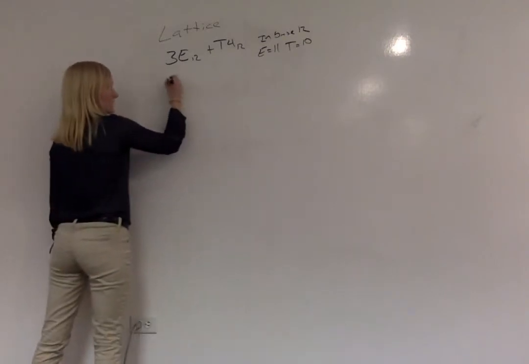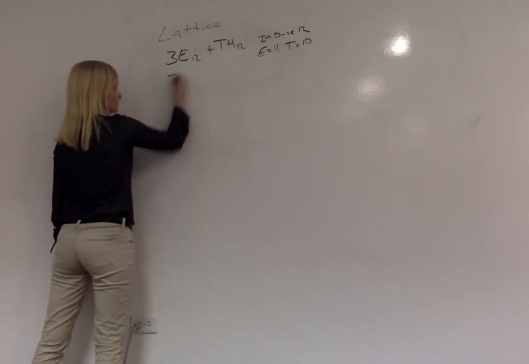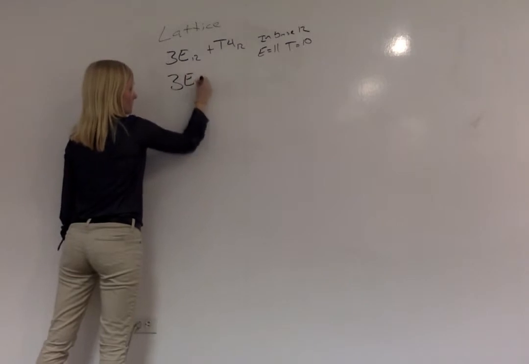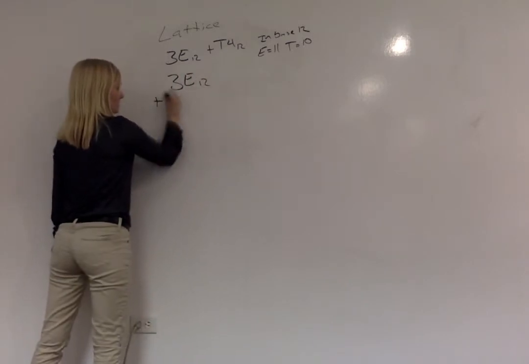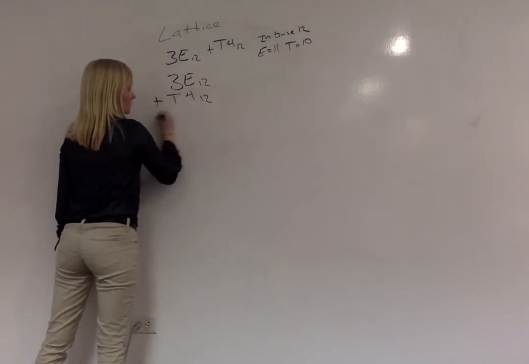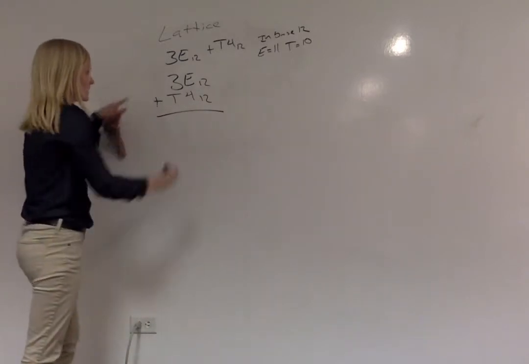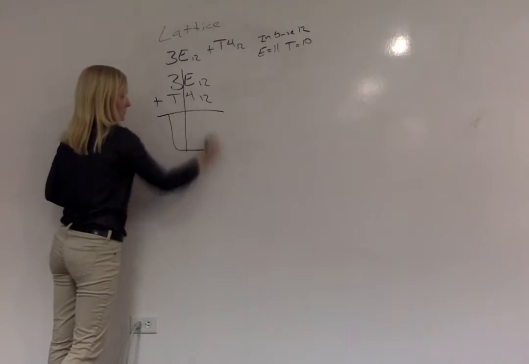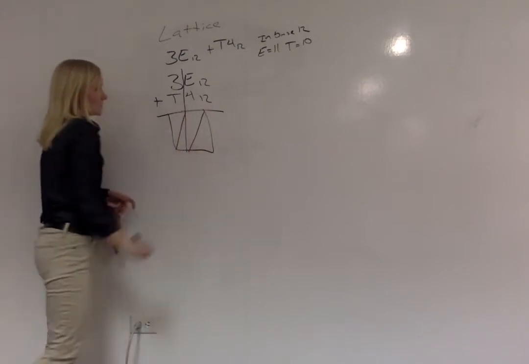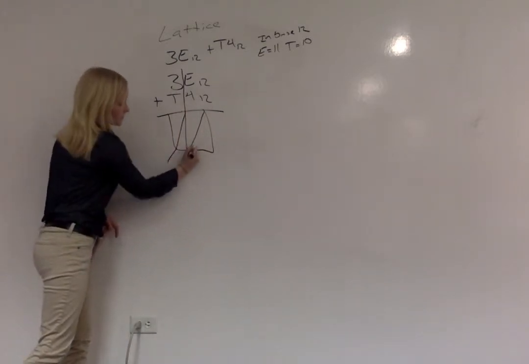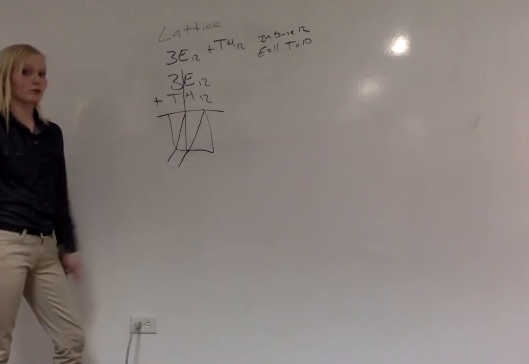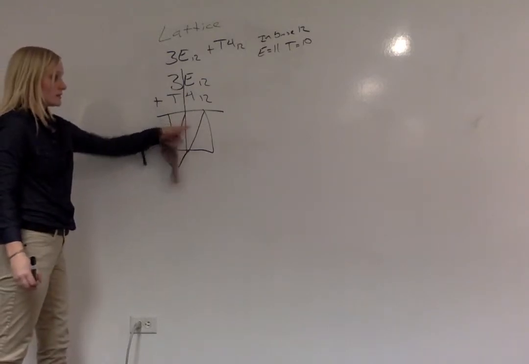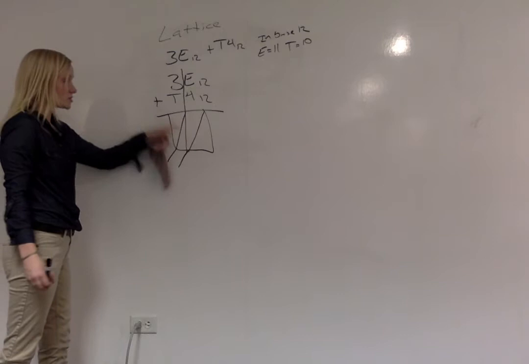Now we can set up a lattice form. In lattice form, you set up a grid. The grid takes care of the regrouping for you with the division of the boxes.